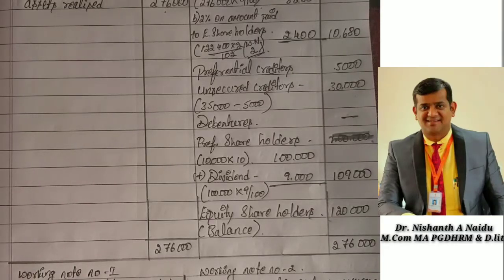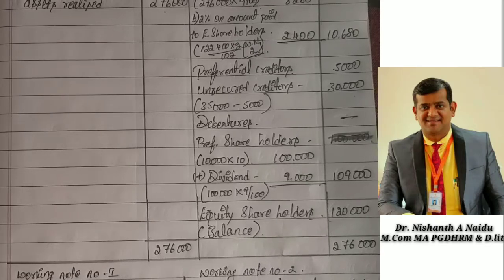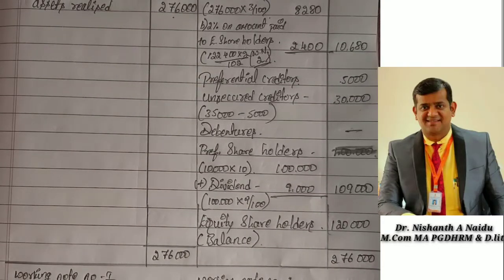In this particular problem we have settled the entire amount of preference shareholders, and to equity shareholders we paid the balance. The Companies Act clearly says that if there is any amount available at the end of winding up of the company, whatever amount is left has to be distributed among equity shareholders, after settling all the debts and making all the payments.